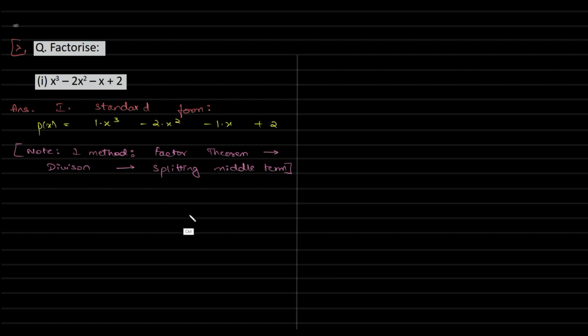The second method is the same factor theorem, and then we will do something, this is a bit weird, taking common and then splitting the middle term.